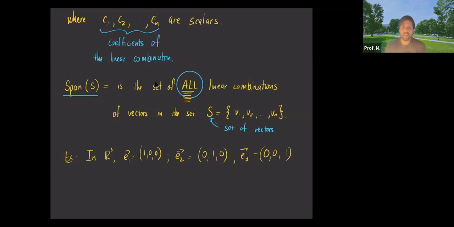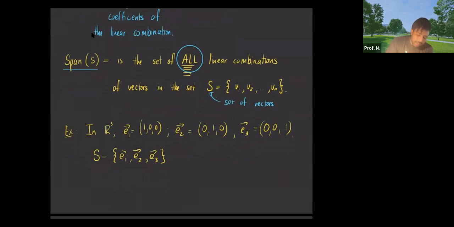Suppose we have these three vectors, and let S be the set of these, what are called standard basis vectors. We're going to learn what basis vectors are. What would be the span of S, or in other words, the span of E1, E2, E3?